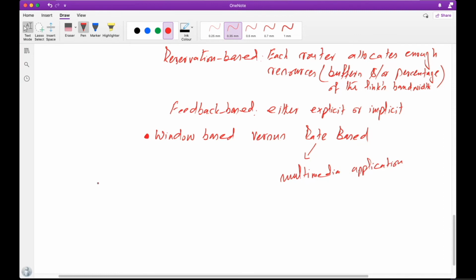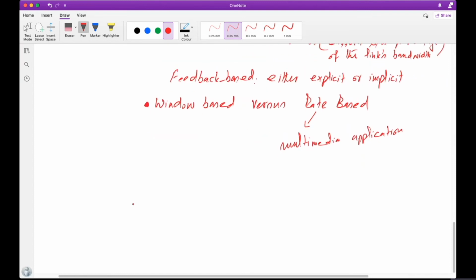Okay. Before we move forward and talk about some of the evaluation criteria for the different resource allocation mechanisms, let's talk about the different service models that are being used in networks for congestion control at the moment. There are two types of service models.